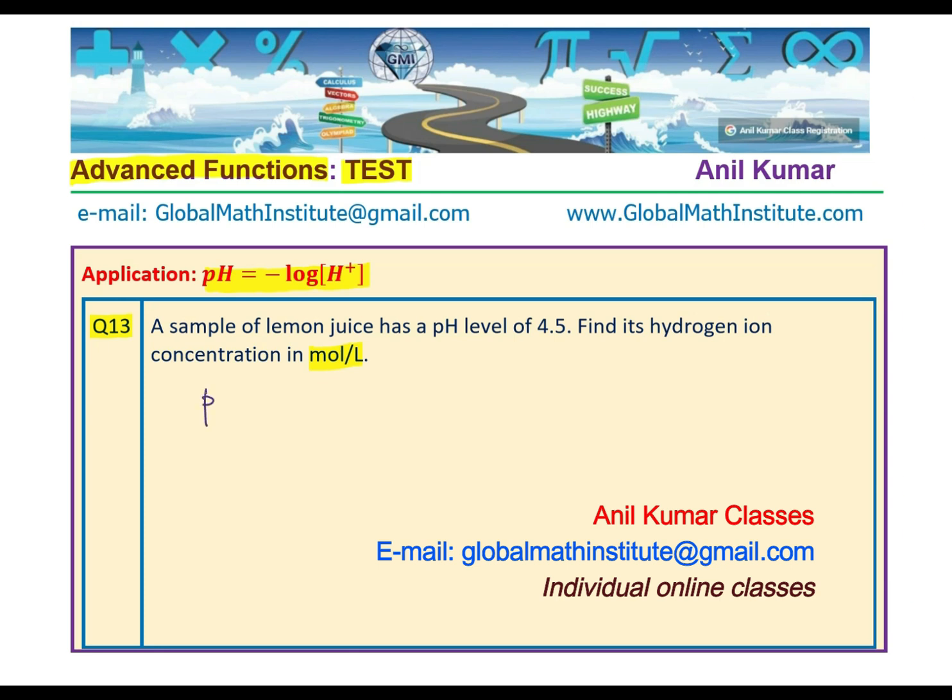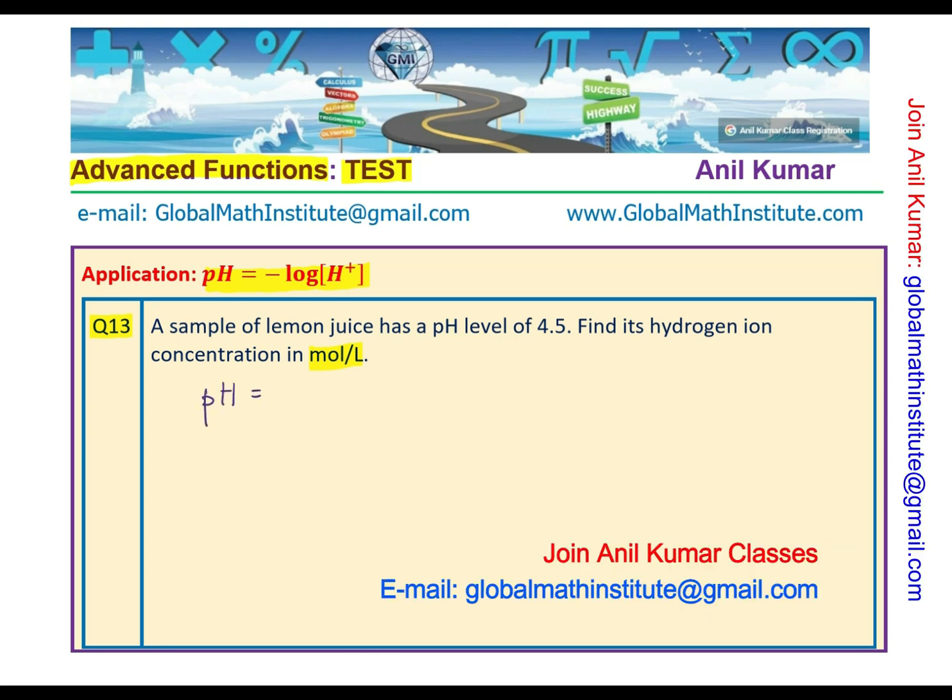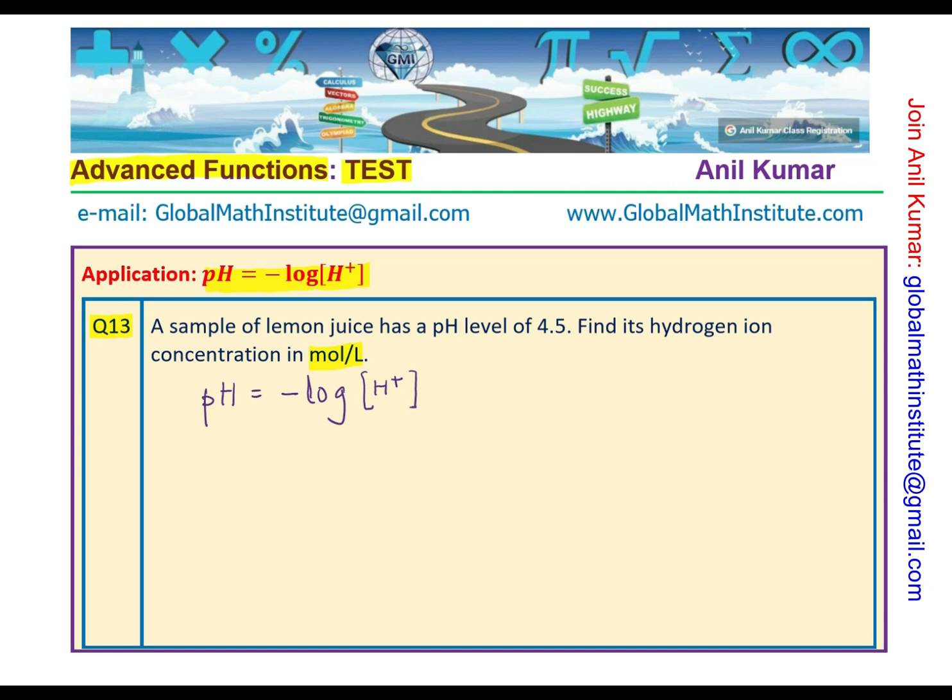We have pH level defined as minus log of hydrogen ion concentration. The pH level is given to us as 4.5. So 4.5 is minus log of hydrogen ion concentration.